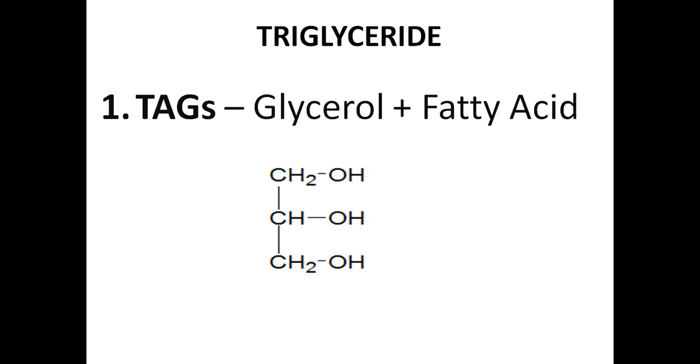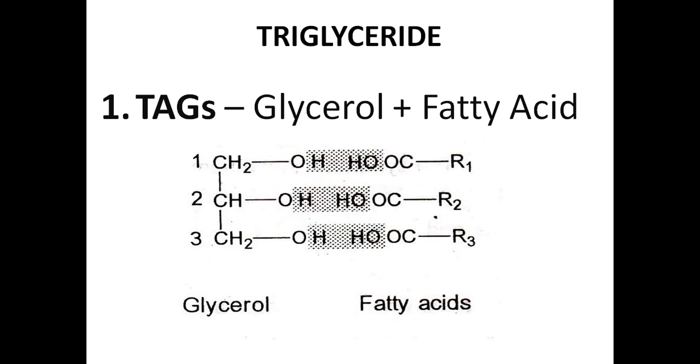This glycerol is esterified with the fatty acids. Now CH2OH, CHOH, CH2OH. This is esterified with the fatty acids. Fatty acids contain a carboxylic group at one terminus, that is COOH. R1 is the side chain, meaning other hydrocarbons. The number of R1, R2, R3 will vary.